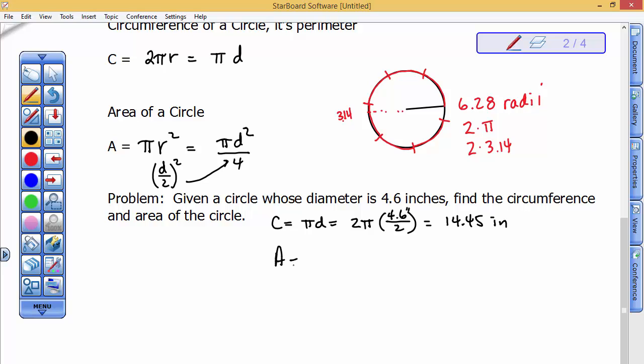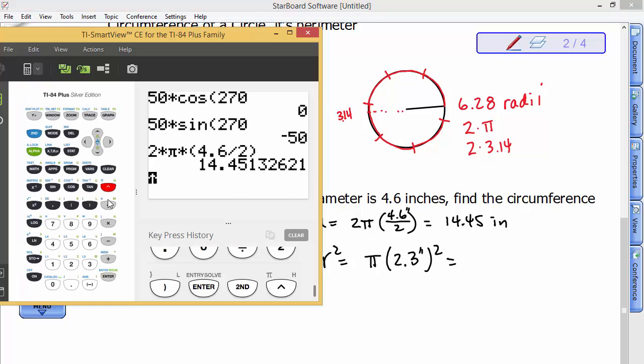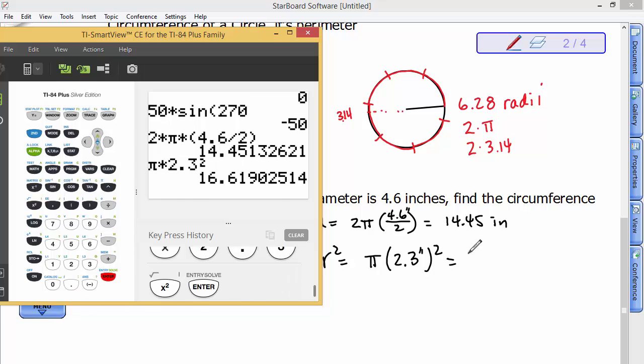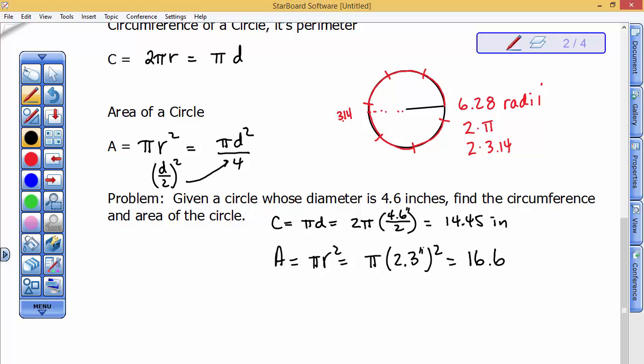The area of a circle is pi times the radius squared, which is pi times, 4.6 divided by 2 is 2.3. So why don't we just do that? And so pi, please use the pi symbol, times 2.3 squared gives us an area of 16.6. Remember, this was in inches, so this is in inches to the second power.